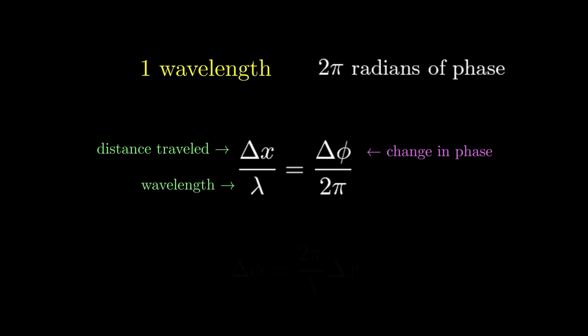Thus, by rearranging the equation, we can figure out that the phase is equal to the distance traveled by the wave times 2 pi divided by the wavelength. We call 2 pi over the wavelength the angular wave number and represent it with this little Greek k.